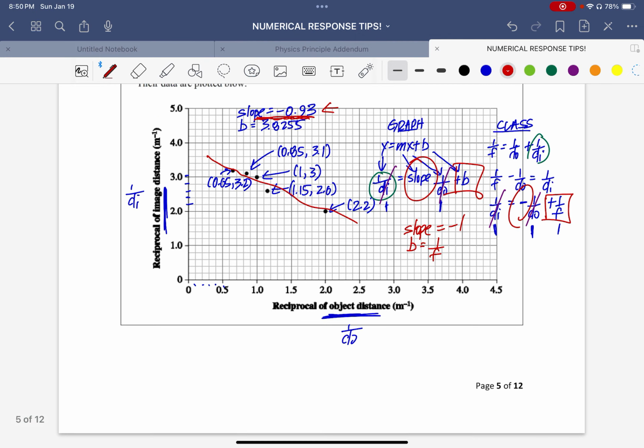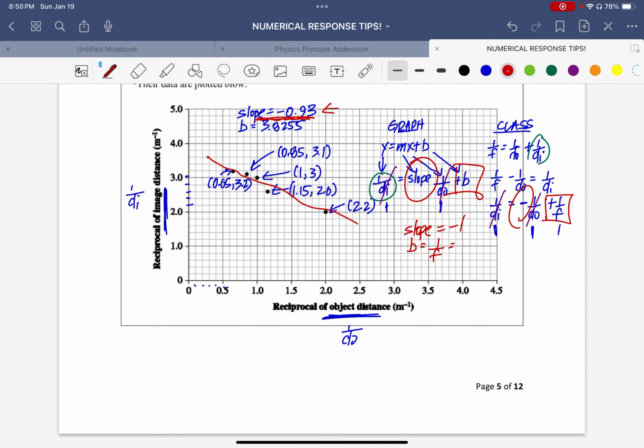So we're going to do F is equal to 1 over the y-intercept, or 1 over 3.8255, the number that my calculator spat out when I started this question.